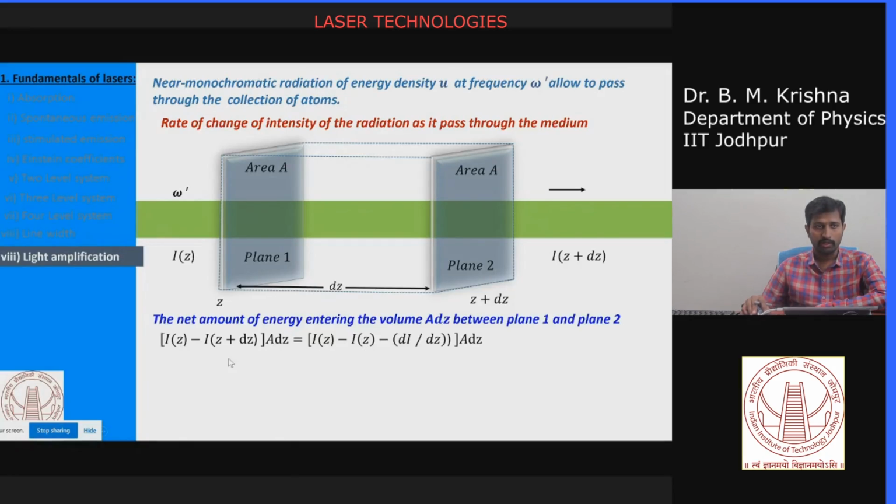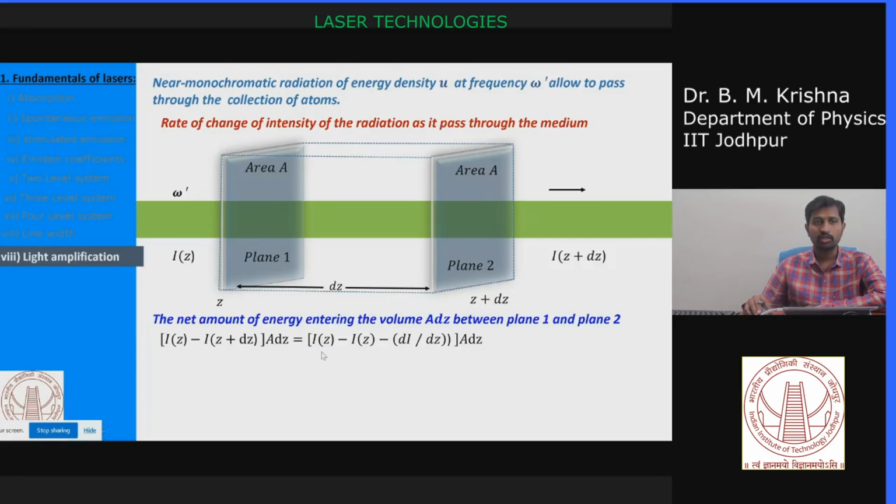I of z plus dz minus I of z is nothing but the rate of change of the intensity over the distance dz. That means the change can be written as dI by dz. Okay, so this is the intensity change with respect to this dz distance into your volume component A dz.